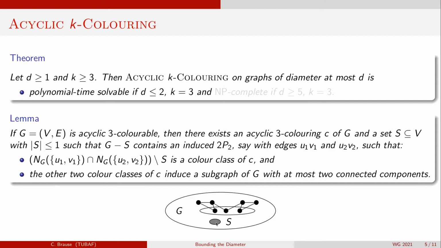So for all selections of our set S and the induced 2P2, we find at most 3 colorings of the graph G, and for each of these 3 colorings we check if it is indeed an acyclic 3 coloring, and so we can solve acyclic 3 coloring on graphs of diameter at most 2.